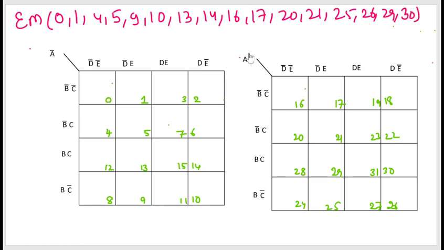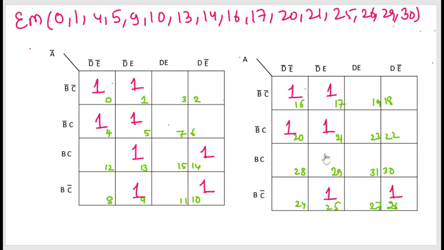We'll first fill the minterms: 0, 1, 4, 5, 9, 10, 13, then 14, then 16, 17, 20, 21, 25, 26, then 29, then 30.